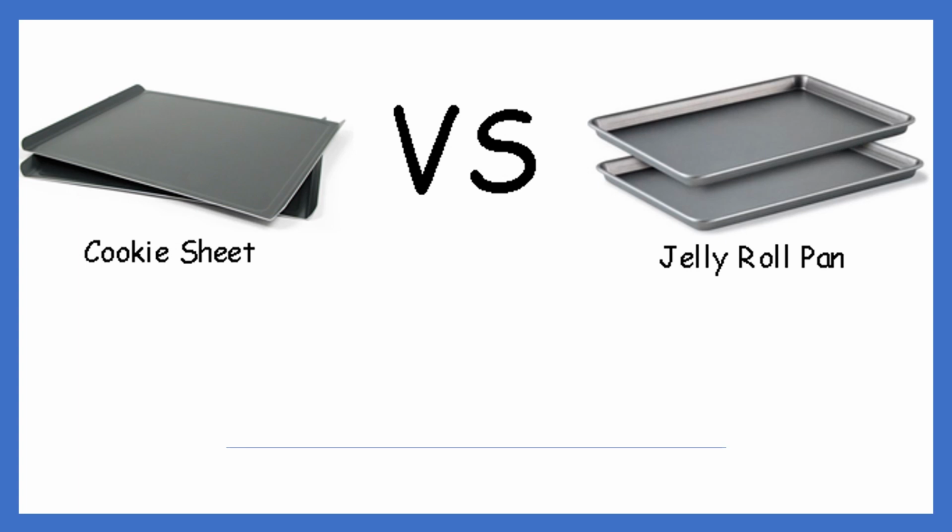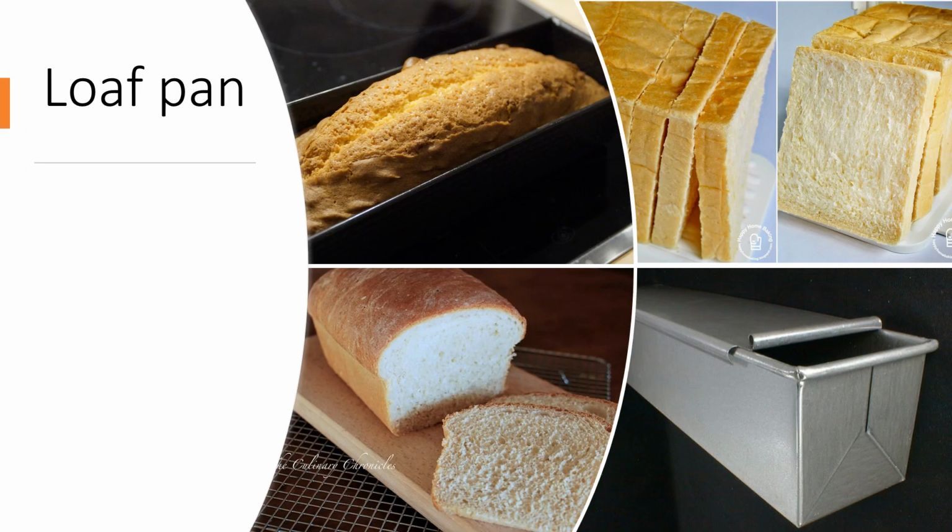They are flat metal sheets designed for placing rows of cookies, while a jelly roll pan has sides that are usually 1 inch deep. Now, what is a loaf pan? It is a deep-walled, rectangular-shaped baking pan used for most quick bread recipes like banana and zucchini breads.